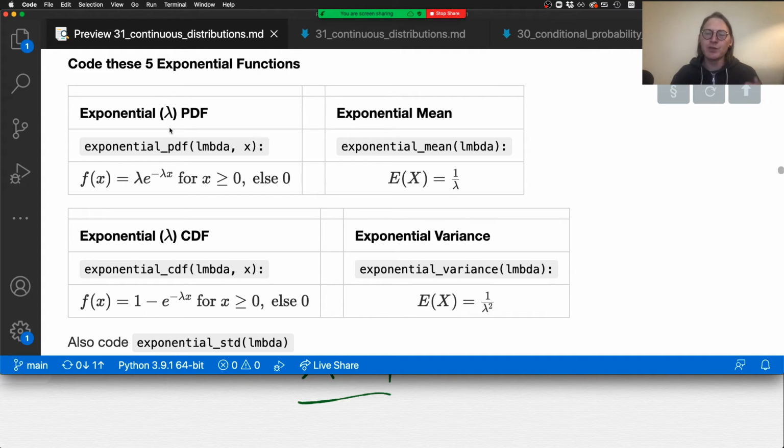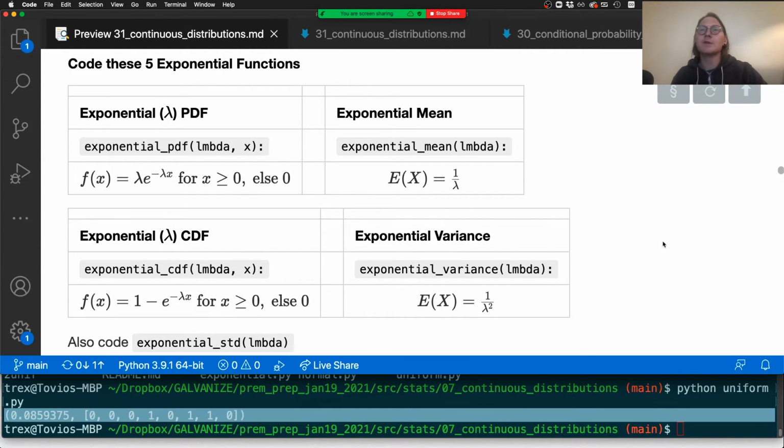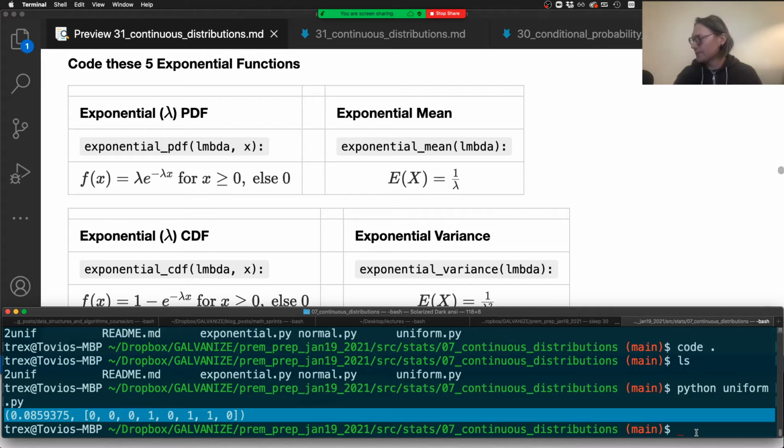For a lot of continuous distributions we don't have a simple way to represent less than or equal to some number, right? For uniform it's really friendly too. And then the variance is also really straightforward, just 1 over lambda squared. Okay, so I'm going to put 5 minutes on the timer, and then we'll code these out, and there will be a breakout that utilizes these.